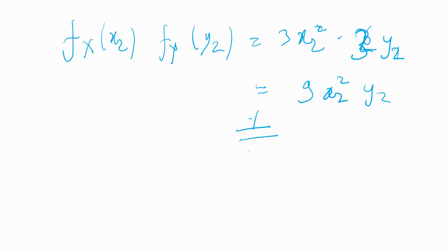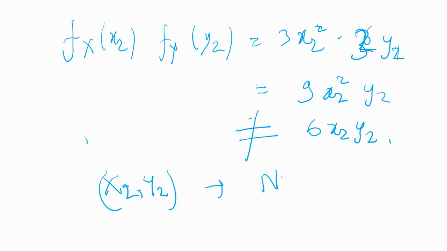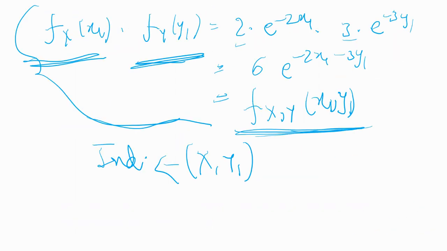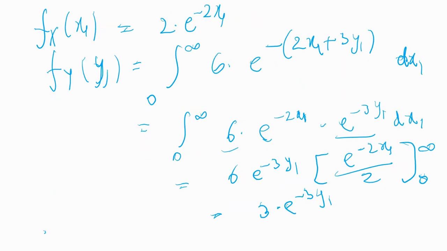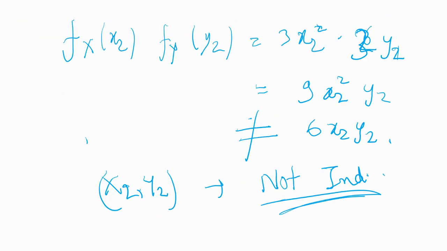So this is not equal to 6x2 y2. So this is not independent. So x2, y2 are not independent. So the answer here will be this. Any confusion? Any doubt?